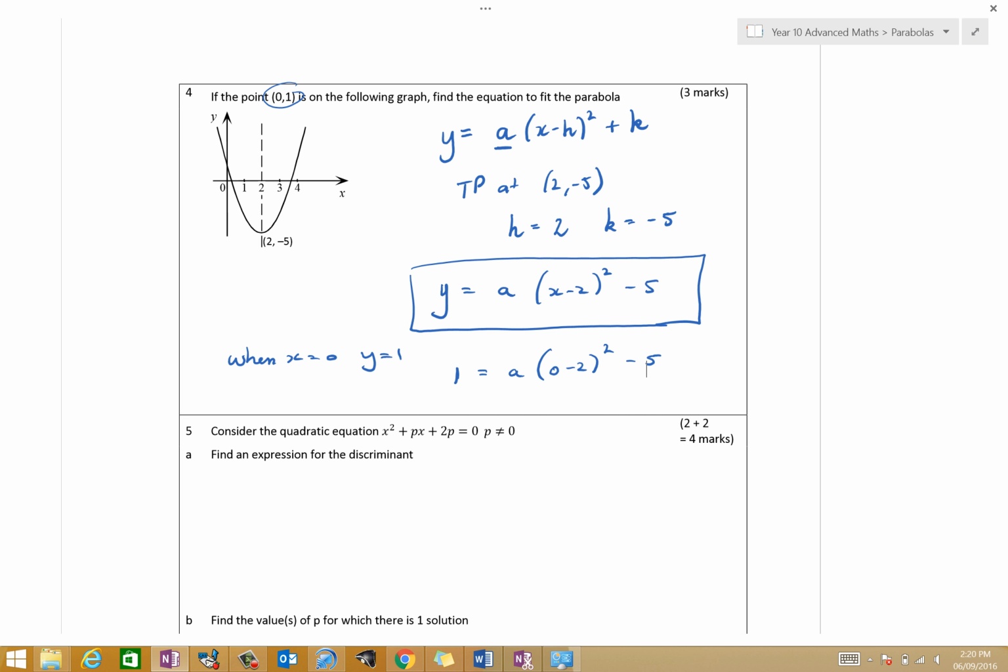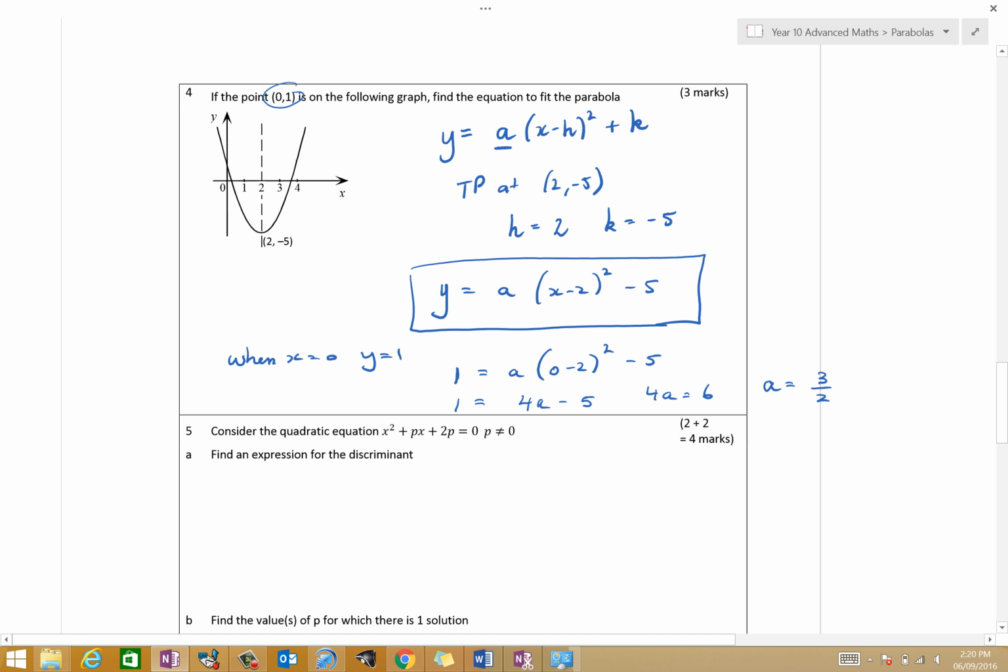Now, as it turns out, (-2)² is positive 4. So what we've got is 1 is equal to 4a - 5. From there you can add 5 to both sides, which gives 4a is equal to 6, and then a is equal to 6/4, which is the same as 3/2.